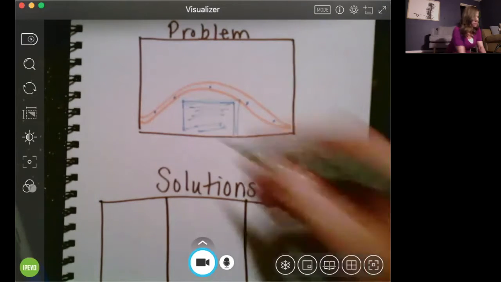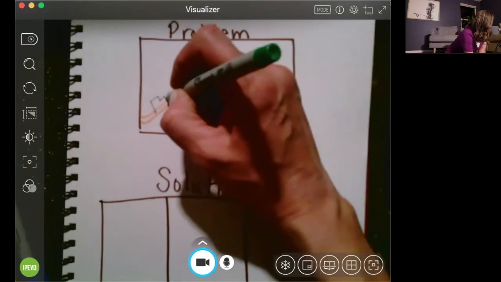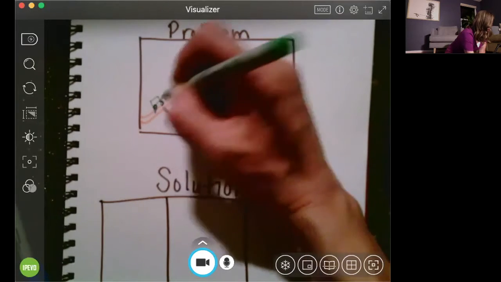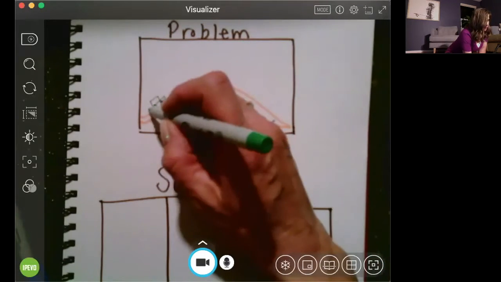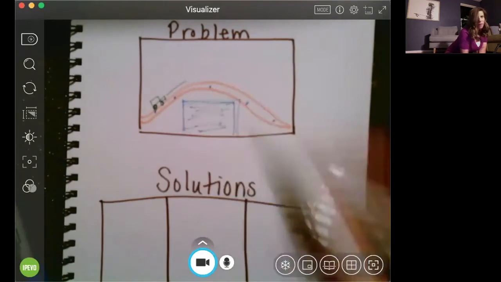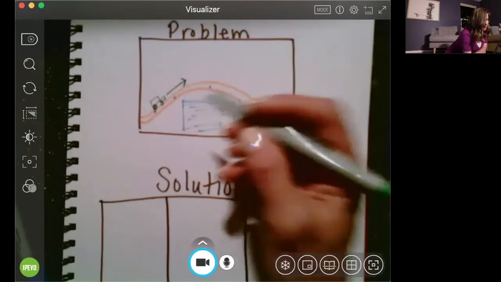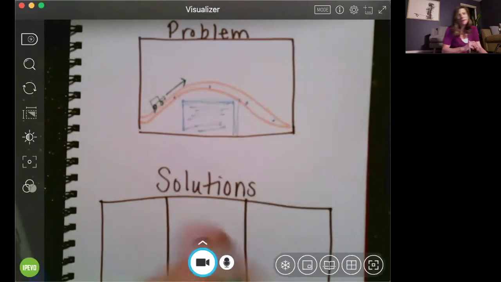Now, our problem was when I would send the Jeep up and over, I would give it a push and it would start to go up the hill right about to this point, and then the Jeep would accelerate. And by acceleration, I mean it would change direction or change speed.